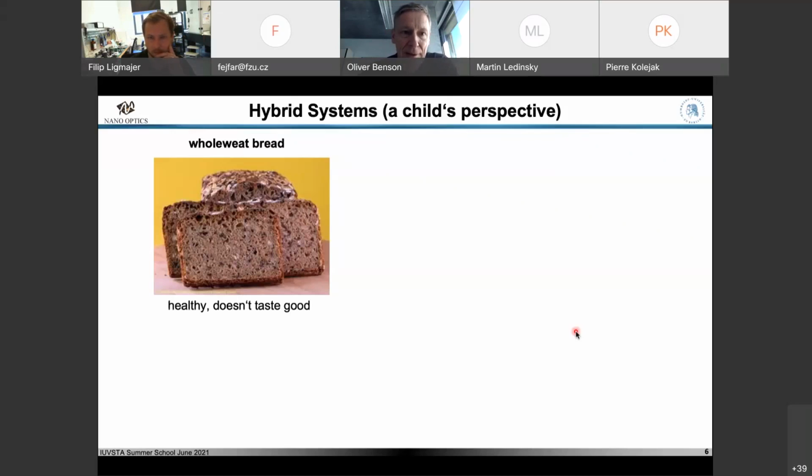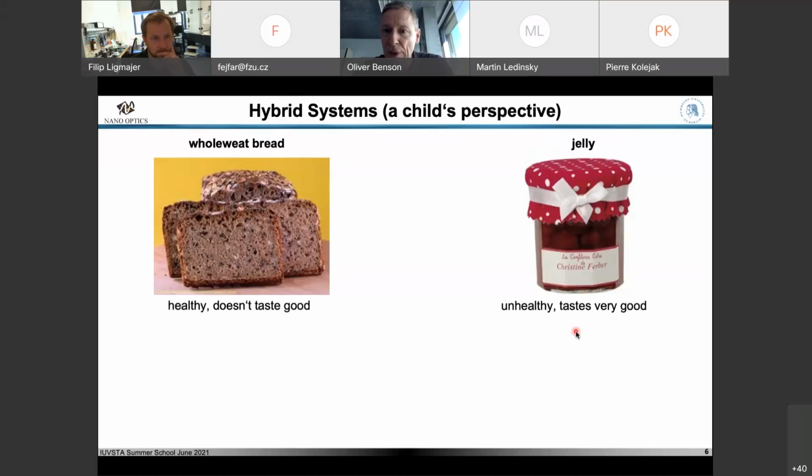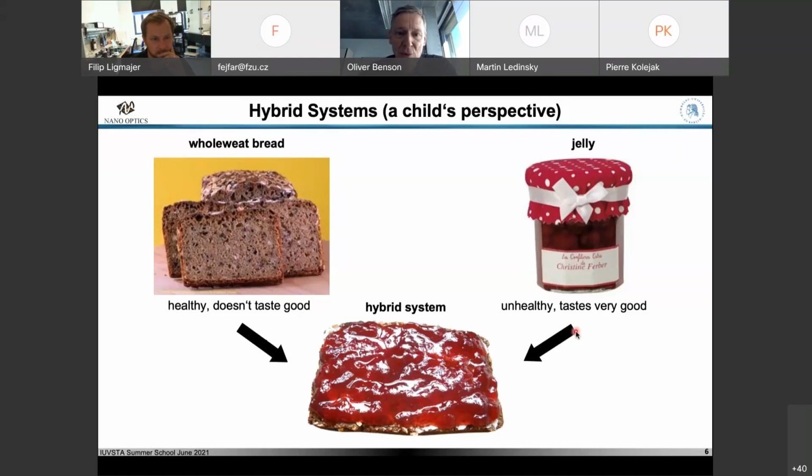They don't like it, like whole wheat bread and so on. On the other hand, they prefer maybe to have something sweet, like a jelly. It tastes good, but it's not very healthy. And a hybrid system would be to combine the two things. And then hopefully you have something that combines the two advantages: something that's healthy enough and still tastes very good.